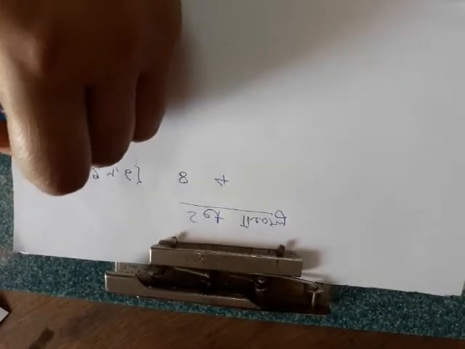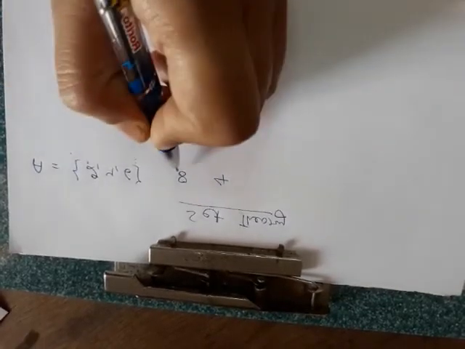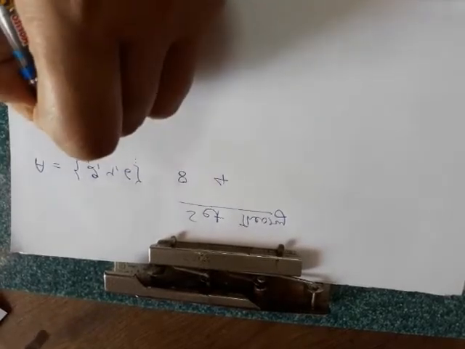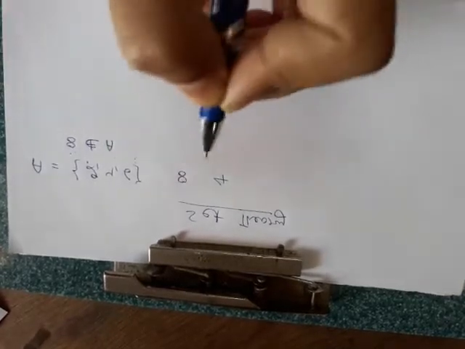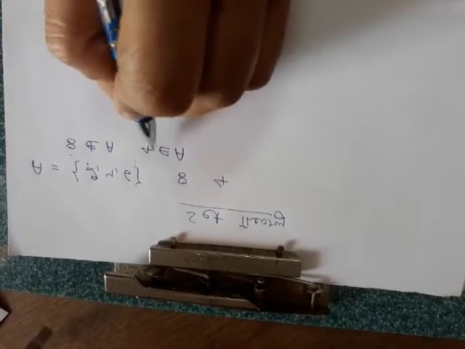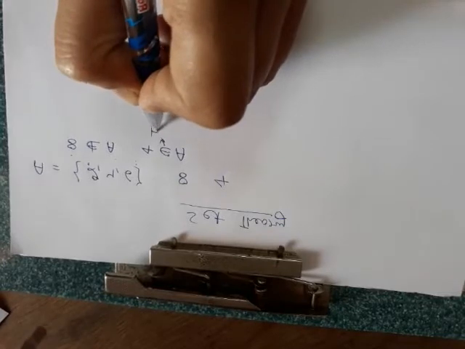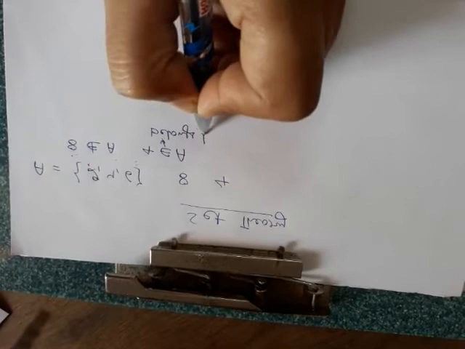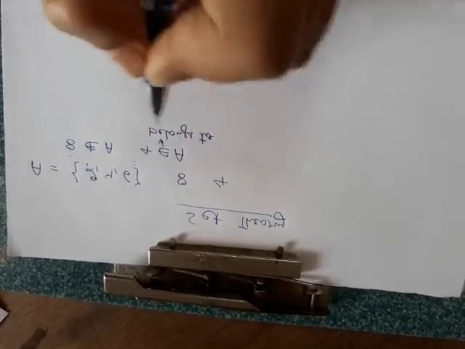Usually sets are denoted by capital letters, and we were saying that 8 is not in A. We say 8 does not belong to A and 4 belongs to A. Note this symbol, this is not E, this symbol is epsilon and it means belongs to. So we are saying that the number 4 belongs to A.